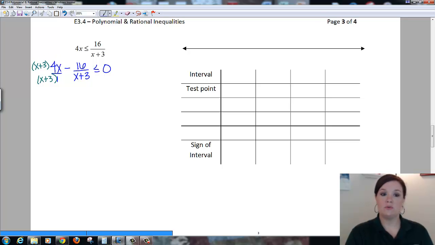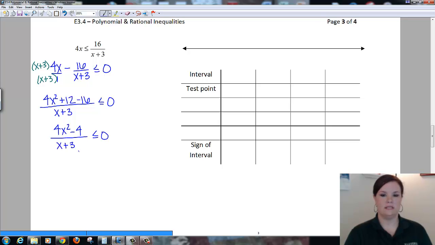So my new numerator here, 4x times x is 4x squared. 4x times 3 is 12x, minus the 16 from the second term, all over x plus 3. Okay. So I have 4x squared plus 12x minus 16 all over x plus 3 is less than or equal to 0.